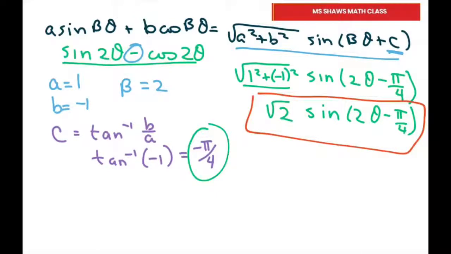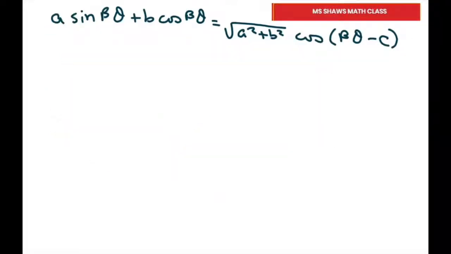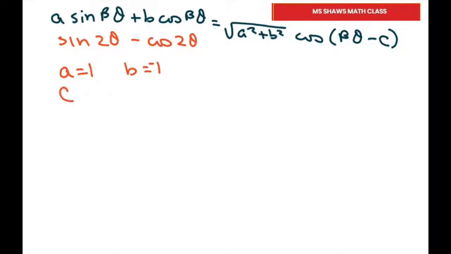Now we have to use the other formula and do the same thing. So again, it was sine of 2 theta minus cosine of 2 theta. So again, A is 1, B is negative 1, and big B equals 2. This is what happens when I go too fast.